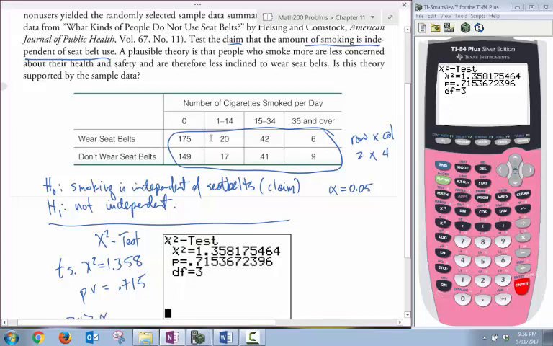Because it's independent, it doesn't seem like the amount of cigarettes dictates whether they're going to have more or less of a chance of wearing a seatbelt. So it doesn't look like this theory is supported.